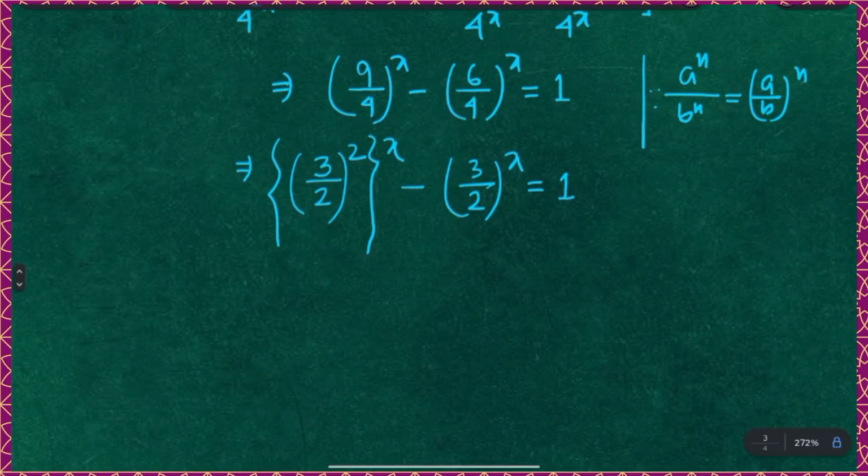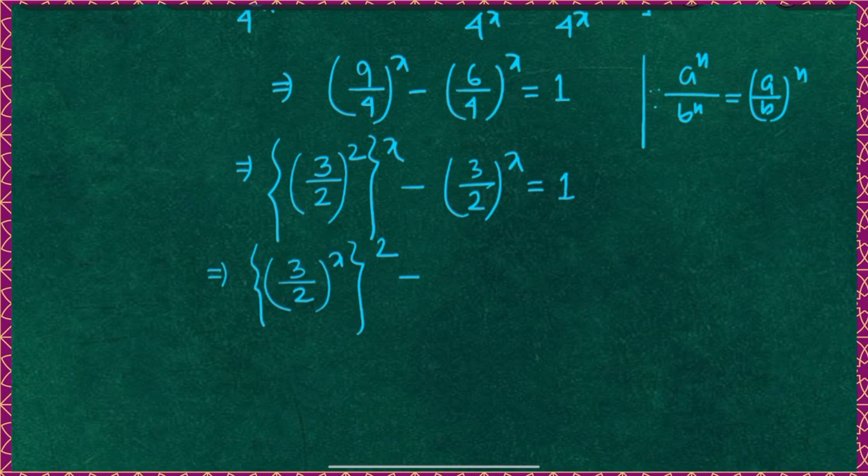So basically again we take 3 by 2 at first. We write the equation ((3 by 2) whole to the power x) whole square minus (3 by 2) whole to the power x equals 1.